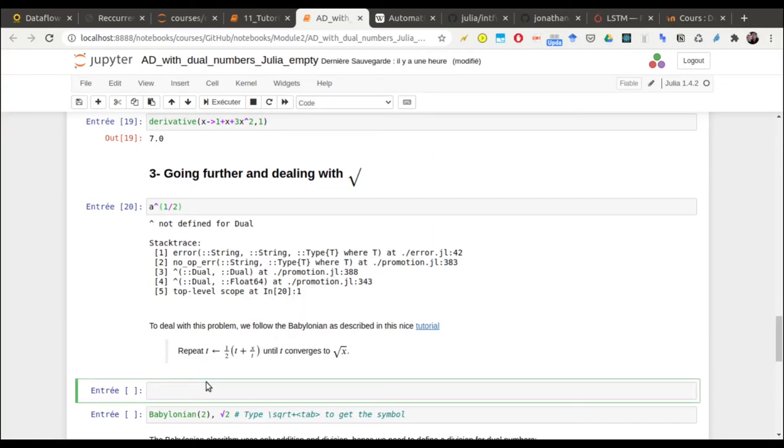I will use the Babylonian way to compute square root, which is this very simple iterative algorithm.